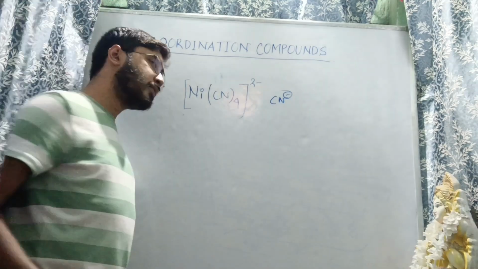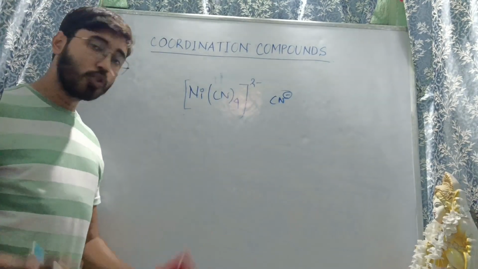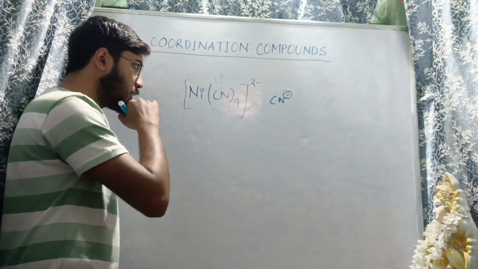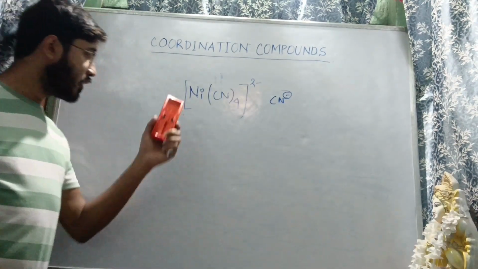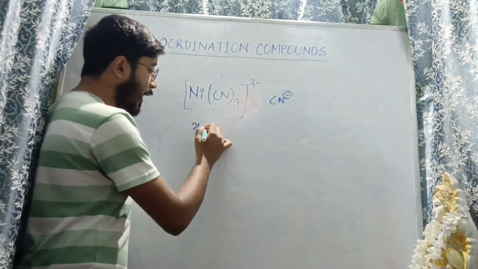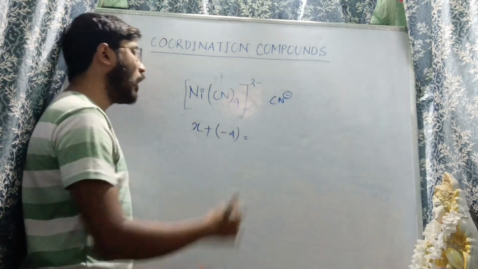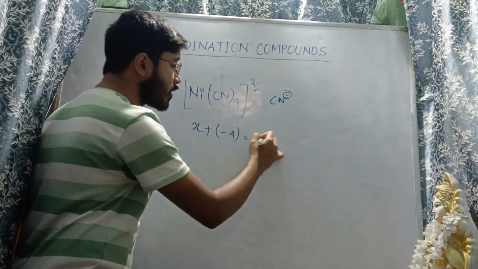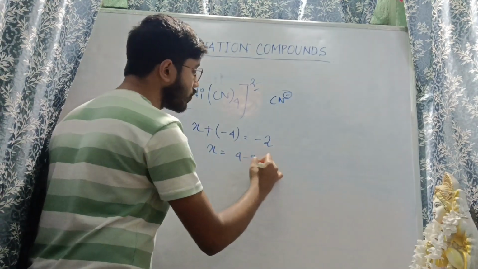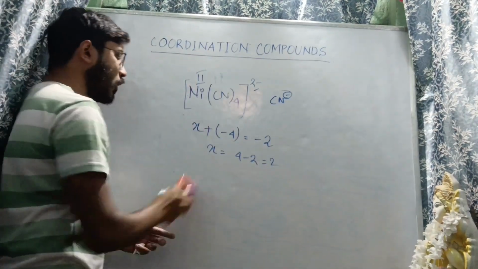So each cyanide ion contributes -1 charge, and 4 cyanides contribute overall -4 charge. Let us consider the oxidation number of nickel is X. So X plus -4 equals the overall charge of the complex, -2. So X equals 4 minus 2, that is 2. So nickel is present in the +2 oxidation state.